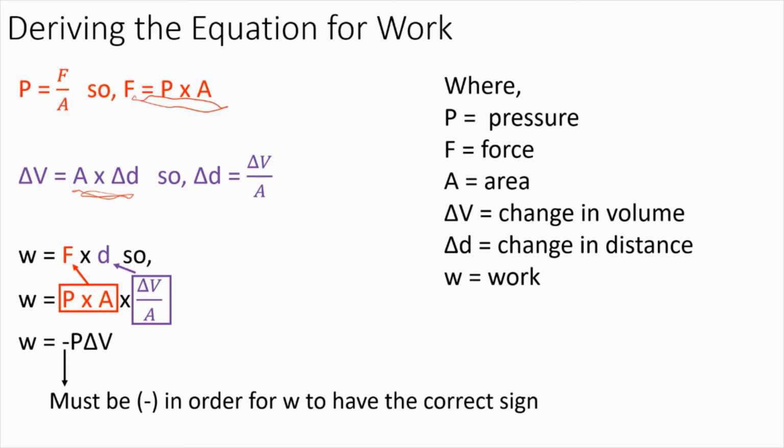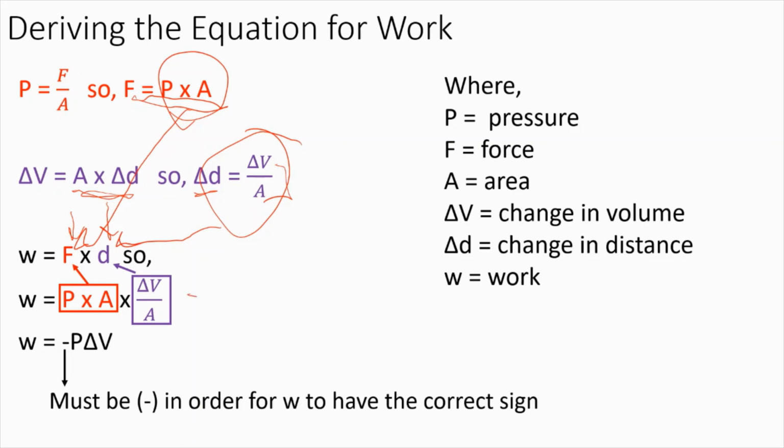So I can rearrange this to where the change in distance is the change in volume divided by the area. We've already seen work equals force times distance. Force is pressure times area. Distance is volume divided by area.